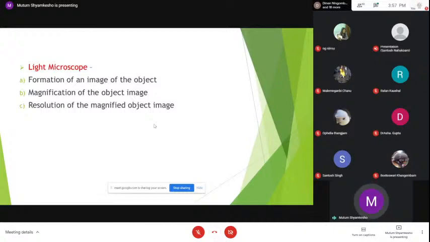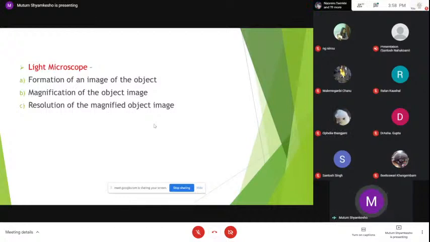microscope is the resolution of the magnified object image. Although in magnification we can achieve almost any desirable magnification level by proper combining of the lenses, this magnification is only useful to some limit.